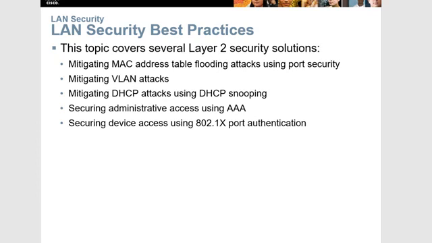Local AAA uses a local database for authentication. This method is sometimes known as self-contained authentication. This method stores usernames and passwords locally in the Cisco router, and users authenticate against the local database. And this form of authentication is ideal for small networks.